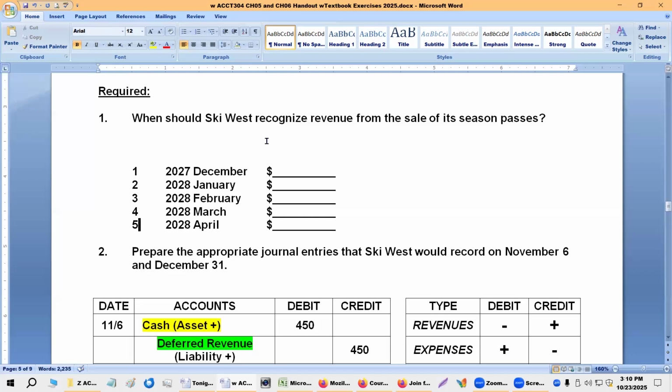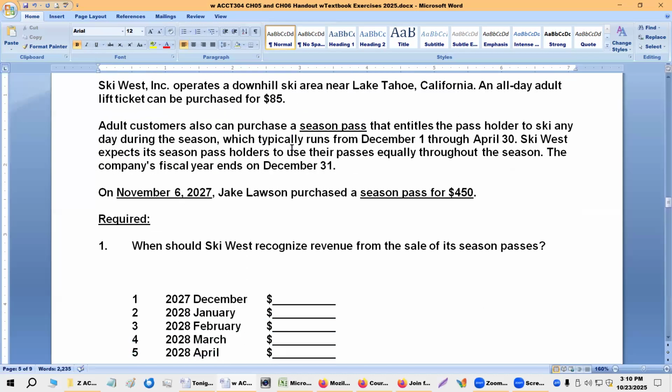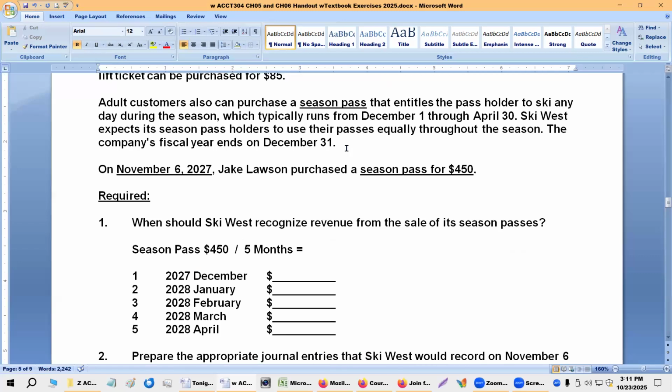Okay. So the question is, how much do we recognize each month? We would simply take the 450 and do what? Season pass is 450. And we're going to divide it by 5 months. And that's going to equal $90 per month.